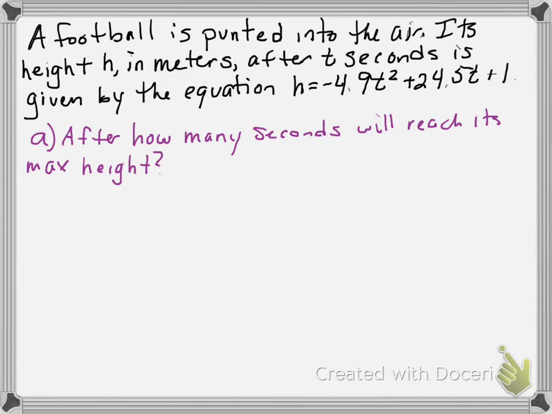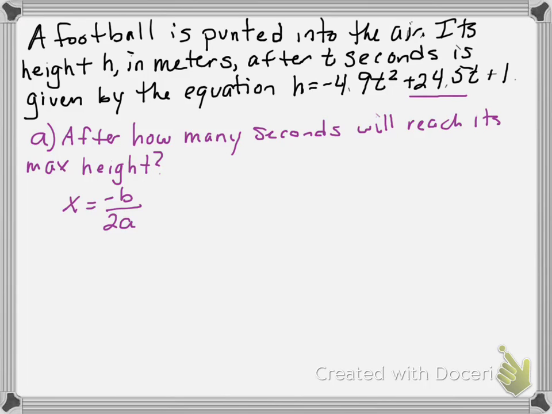So, the equation that we were given is in standard form or general form, whichever you want to call it. So the formula to find the vertex is x is equal to negative b divided by 2a. So in our equation, the b value is the 24.5.